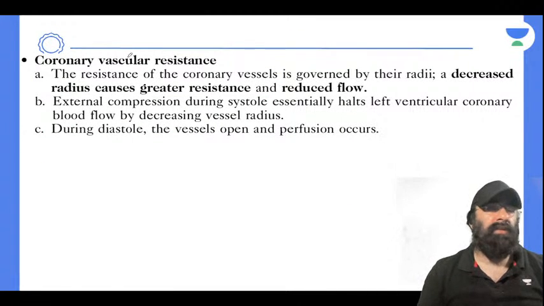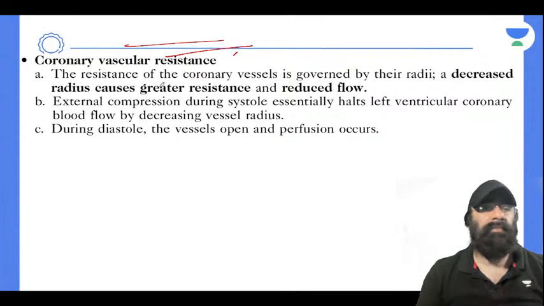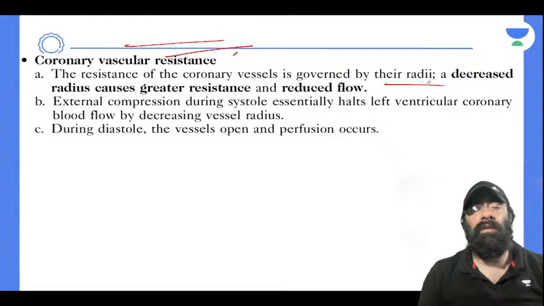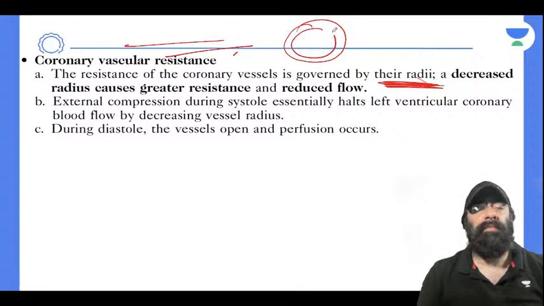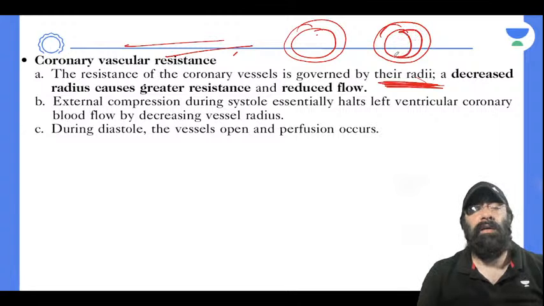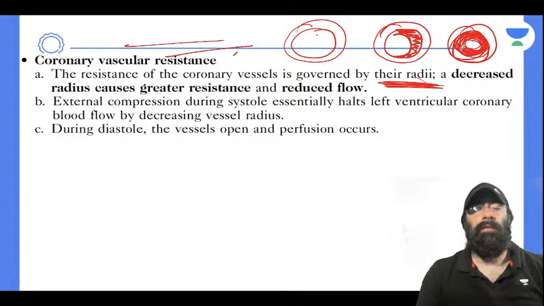What is coronary vascular resistance? We talked about this. The vascular resistance of a coronary vessel is governed by the radius. So if the radius is reduced by a plaque, right, it causes greater resistance and reduced flow.